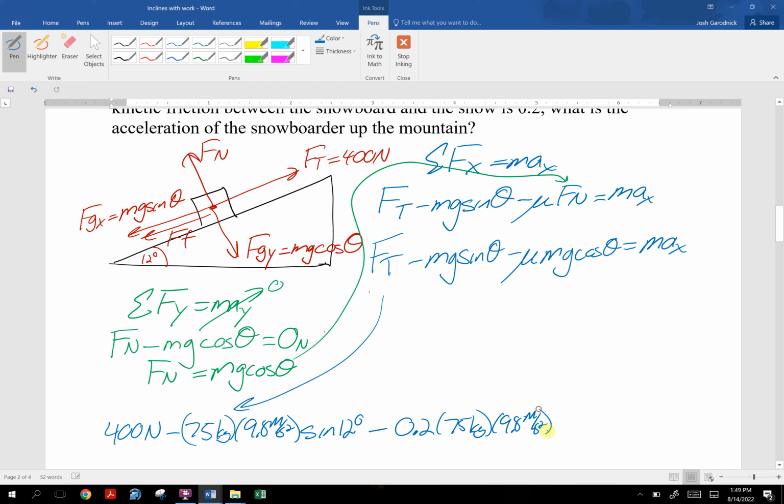Mg cosine of 12 degrees causes this 75 kilogram snowboarder to accelerate up the hill. Woohoo!